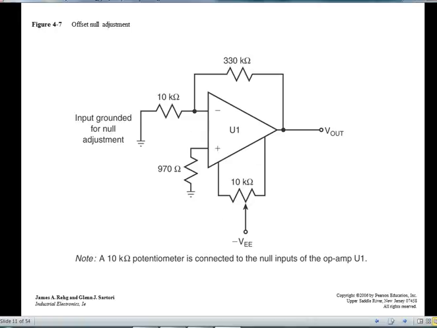I can also put in a DC offset by going through two of the pins of the chip, so I'm doing a null adjust of the operational amplifier. I'm adjusting where 0 is. If I put a variable resistor in the feedback path, then I can have variable feedback as well, variable gain. So I can change the gain, and I can change the null.